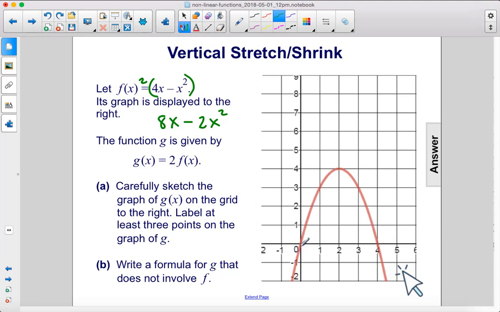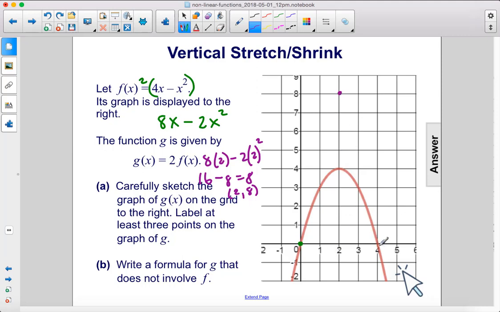So when x is 0, we still have 0 as our intercept. However, when x is 2, we have 8 times 2 minus 2 times 2 squared. So 16 minus 4 times 2 is 8, equals 8. So our coordinate is 2, 8. So it's all the way up here.